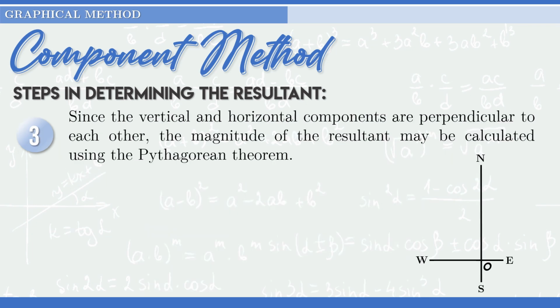Since the vertical and horizontal components are perpendicular to each other, the magnitude of the resultant may be calculated using the Pythagorean theorem. We have R is equal to the square root of the summation of v sub x squared plus the summation of v sub y squared.